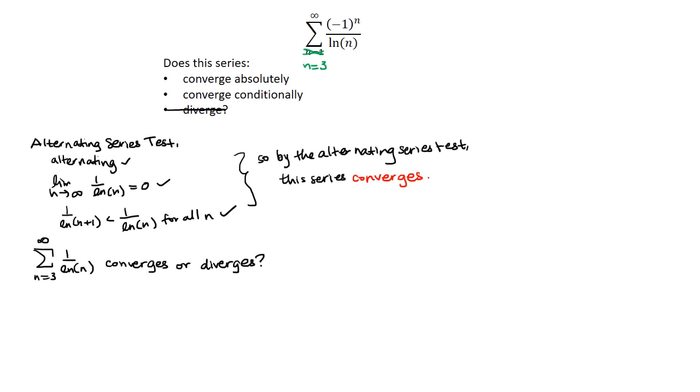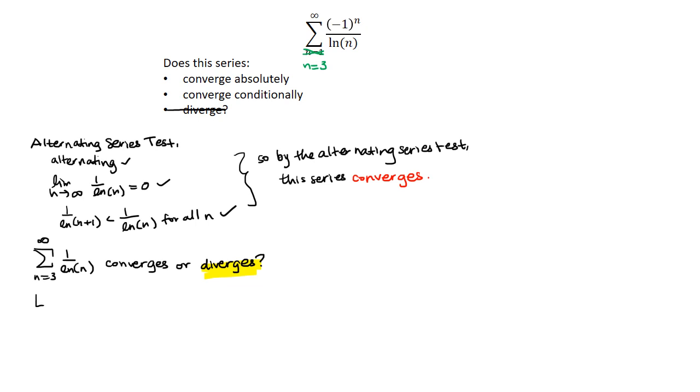I hope you have some feeling that 1 over log of n is probably going to diverge because log of n goes to infinity super slowly. So 1 over log of n is approaching 0 super duper slowly.